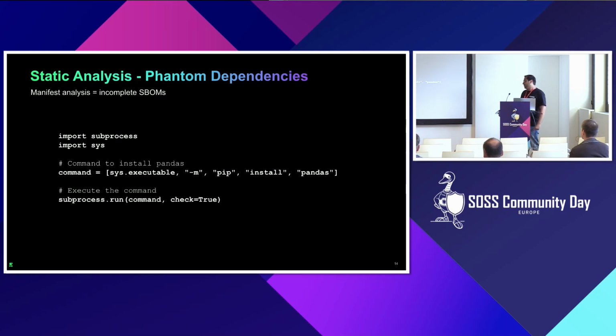You might find in some Python libraries that there is a pip install pandas, and if you just use your requirements.txt, then you completely miss this. And that's a very important part of why you need to do this at the source code level, and have that as the source of truth in general.